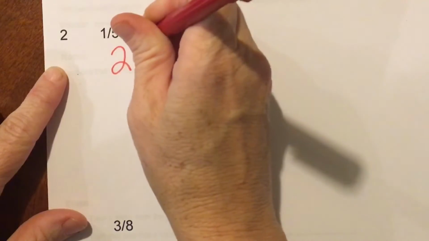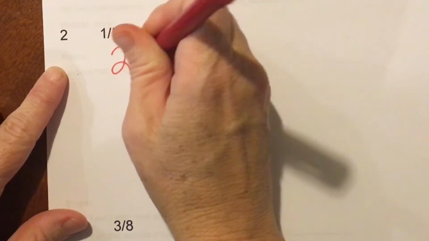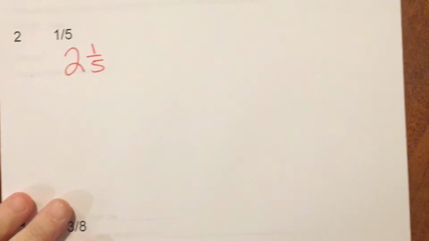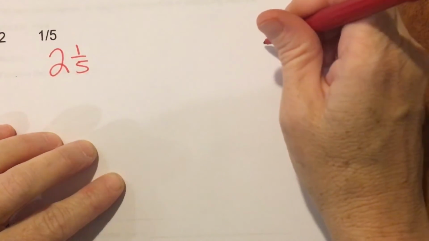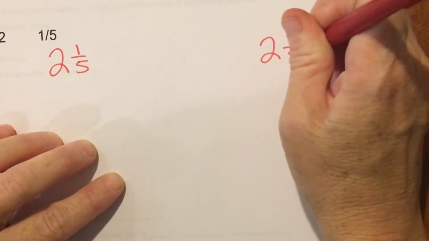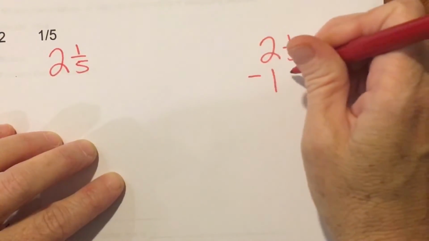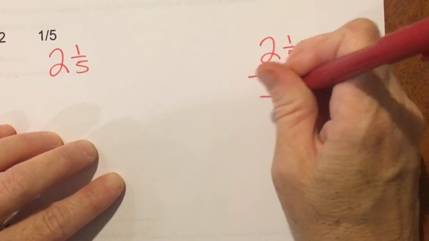So if I have 2 1/5, the reason I might need to borrow is, say this was my problem: 2 1/5 take away 1 3/5.